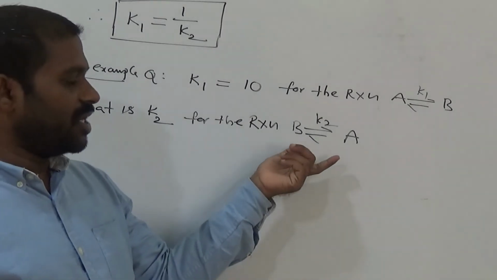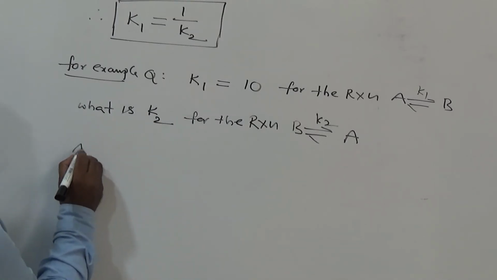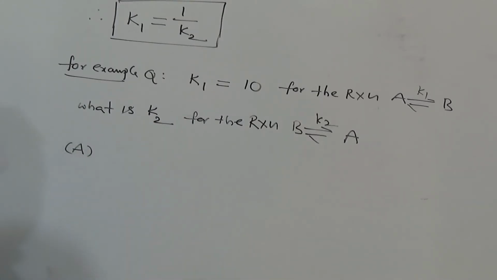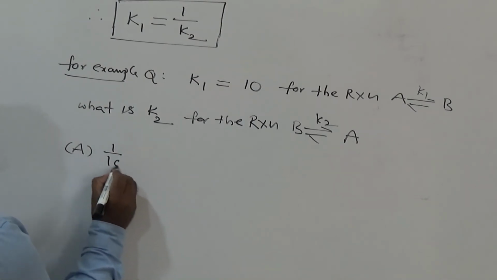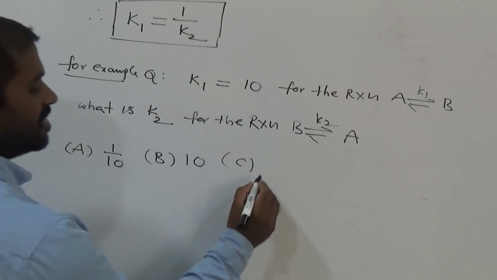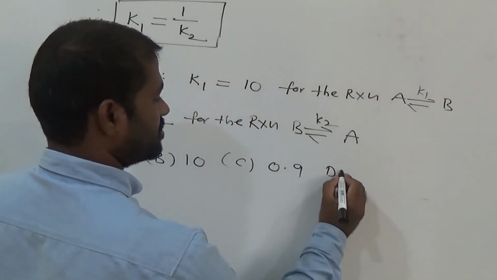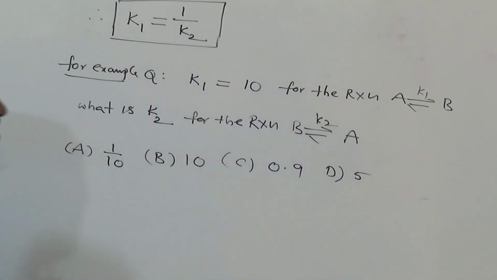So what about K2 value in this equation? The options are: option A 1 by 10, option B 10, option C 0.9, option D 5. K2 value, which one is correct?